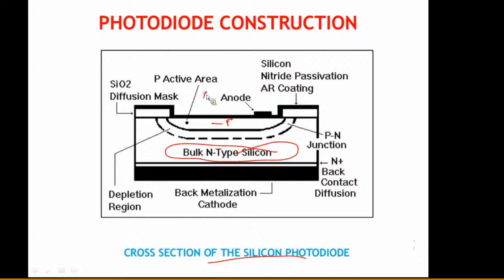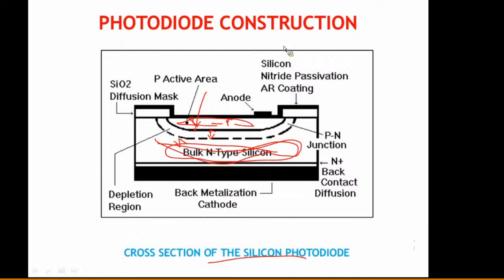This small area is the P active area. And this is your N-type, a huge amount of N is there. Whenever P-type material and N-type material are there, there is a formation of depletion region. This region we are calling your depletion region. That's why this is a P and this is your N junction. This is a simple PN junction.